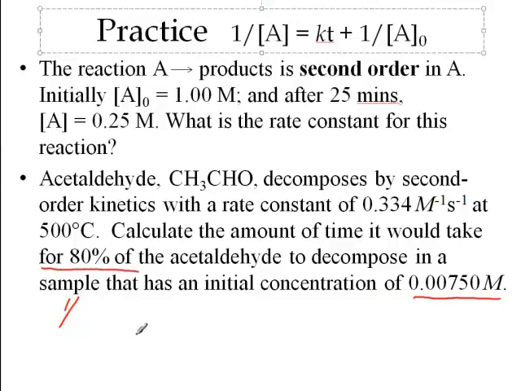So what's our concentration when 80% of the aldehyde is gone? Well, hopefully you're going, well, it would be 20%, right, of that number right there. So find 20% of 0.0750, which comes out to be 0.0015, and that equals their constant 334 liters per mole seconds.